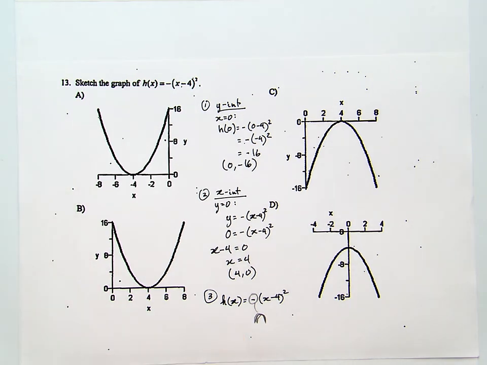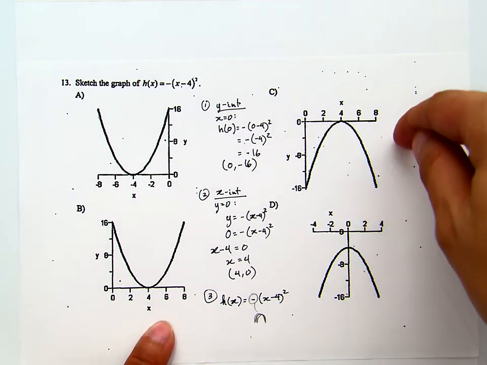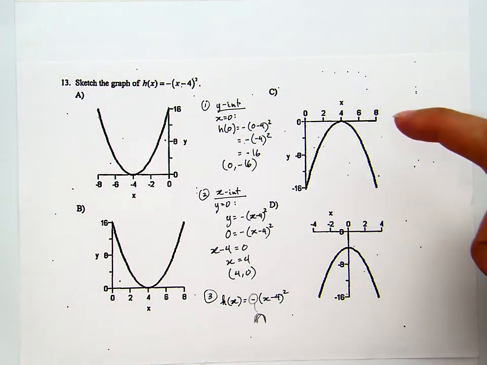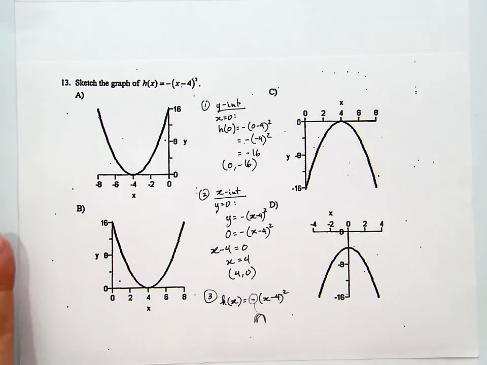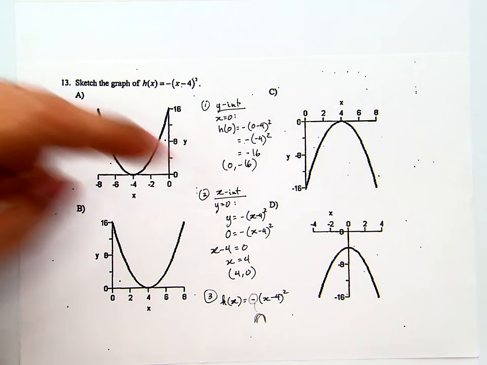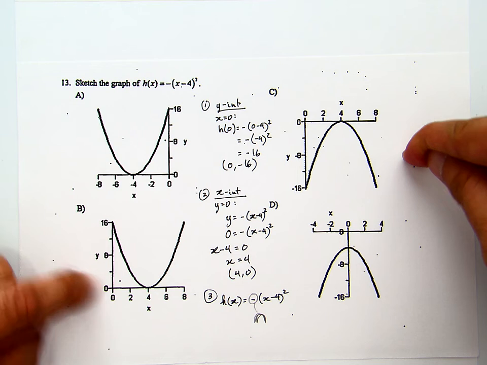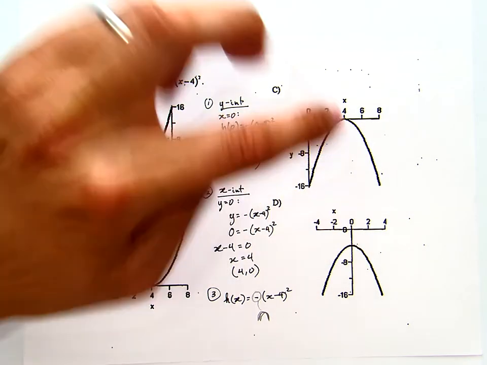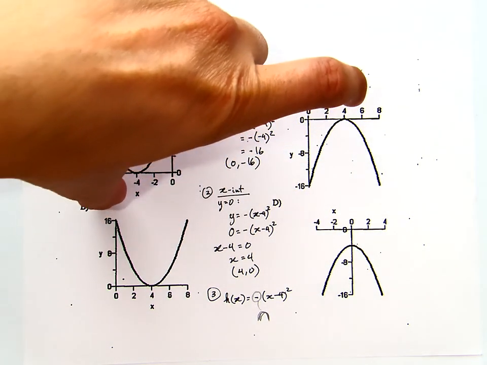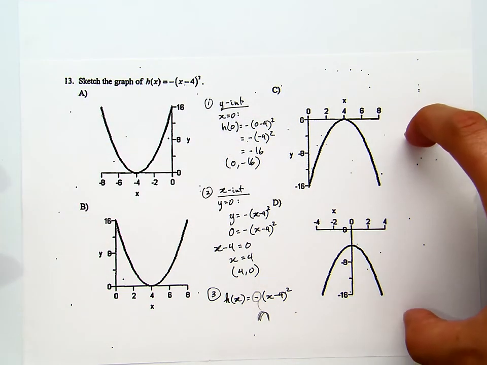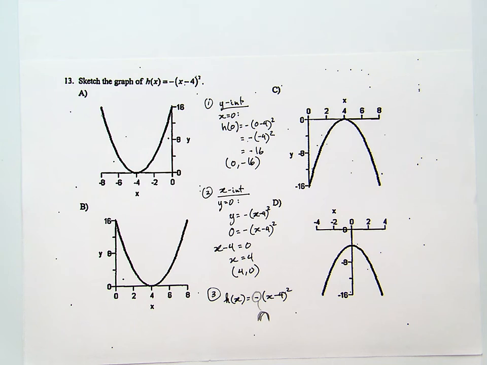Because this is negative, we know it will be either C or D. If I only did the y-intercept, I get the answer right away. By x-intercept, I know that it will be B or C. And for the upside down parabola, it will be C or D. Then from there we conclude it will be C.